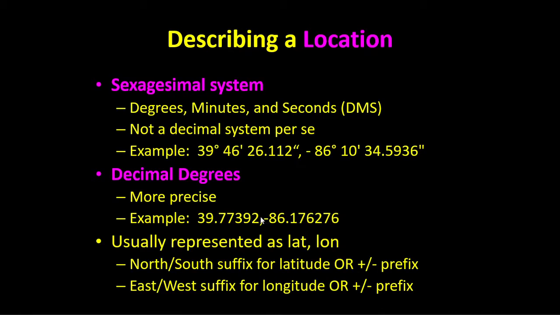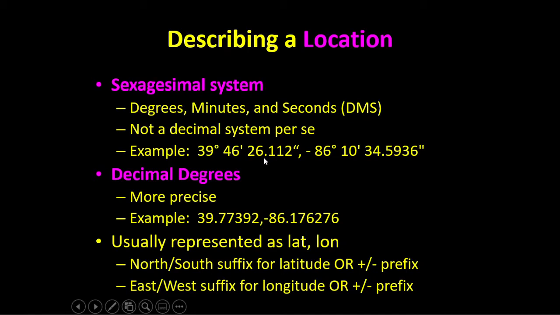And a theme that we've come across throughout these videos is if we can convert things to numbers, locations, colors, text, if we can convert them to numbers, we can then start doing things with them. In this case, we're going to start using them to show locations as precisely as possible. We represent these always with the latitude first, the longitude second. So you'll have either a north or south suffix for latitude.